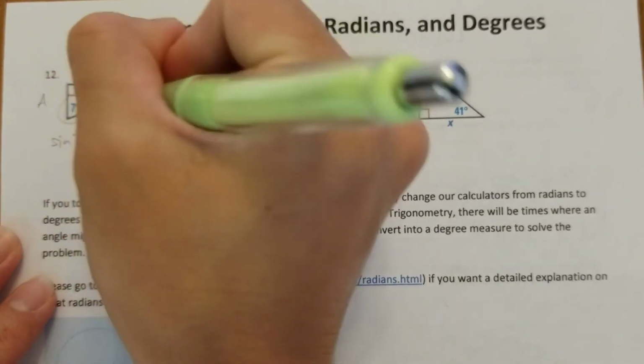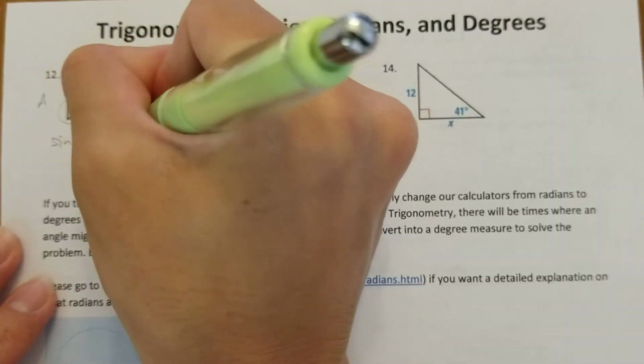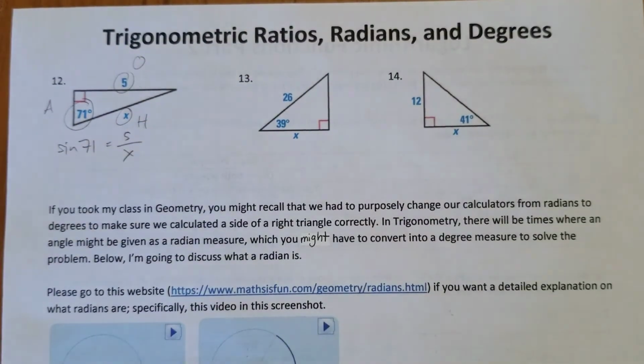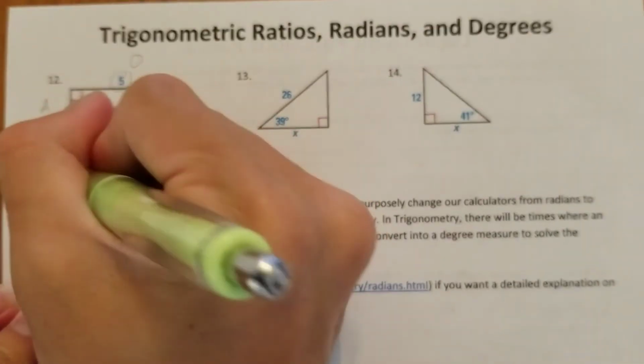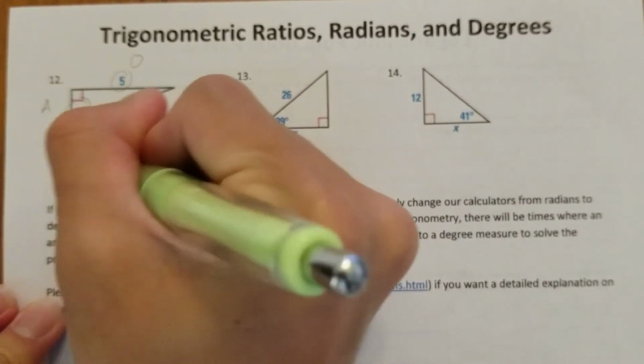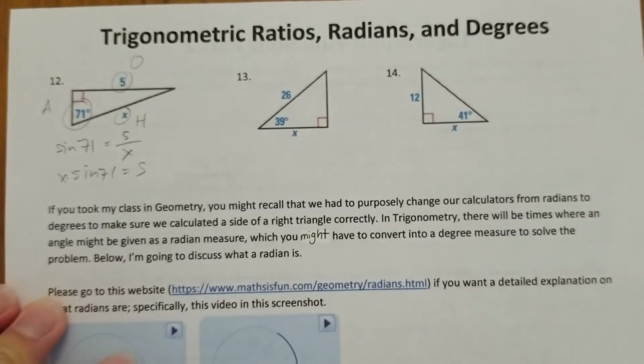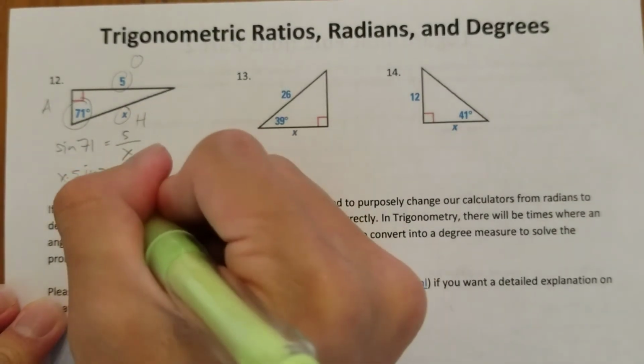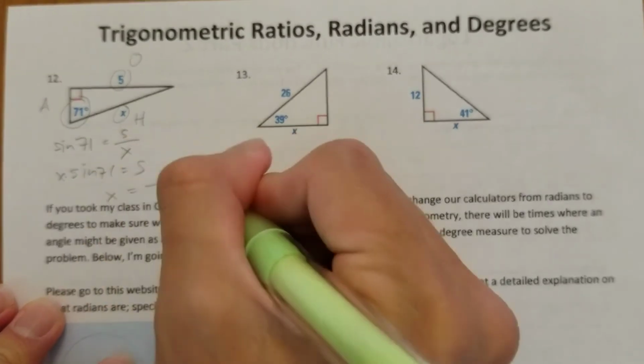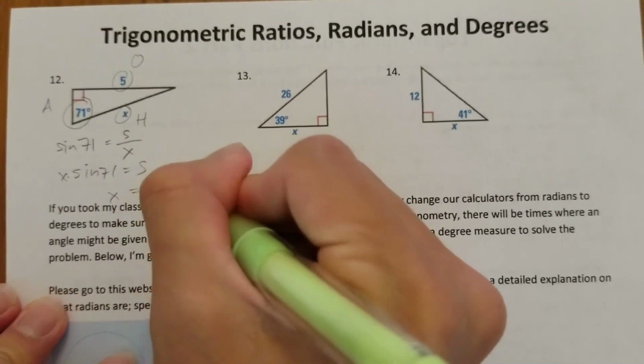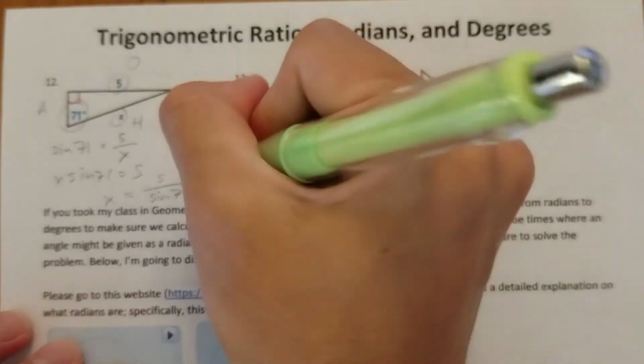Sine. Sine of 71 equals 5 divided by x. Multiply both sides by x. x times sine of 71 equals 5. Divide both sides by sine of 71. So x equals 5 divided by sine of 71.